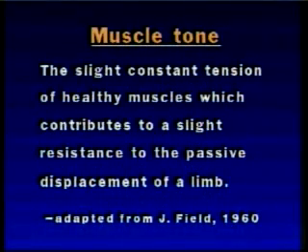Muscle tone may be defined as the slight constant tension of healthy muscles which contributes to a slight resistance to the passive displacement of a limb. The newborn infant's neuromuscular examination includes an assessment of both active and passive muscle tone.